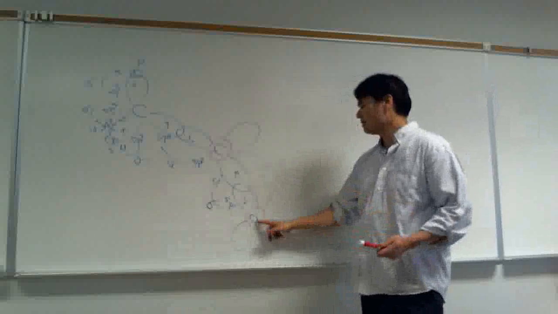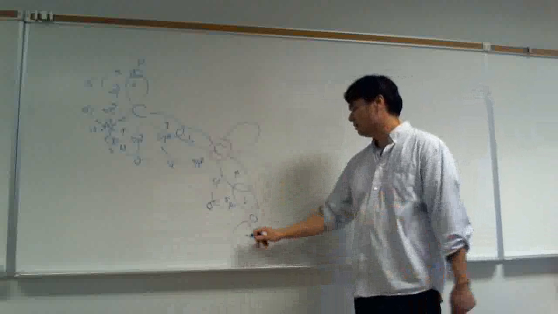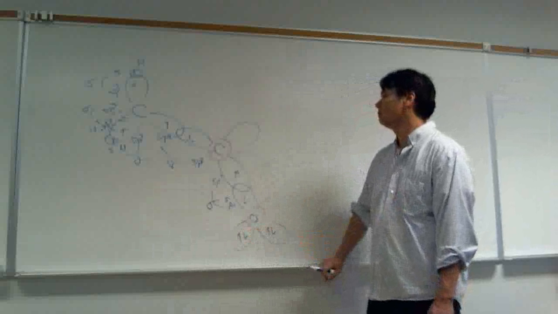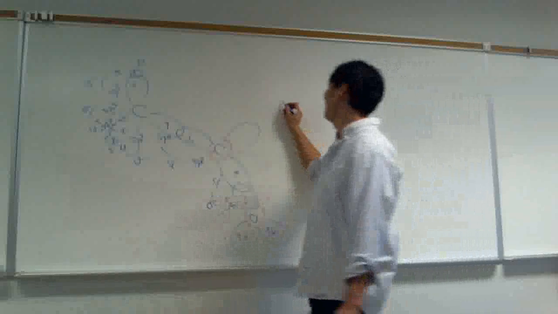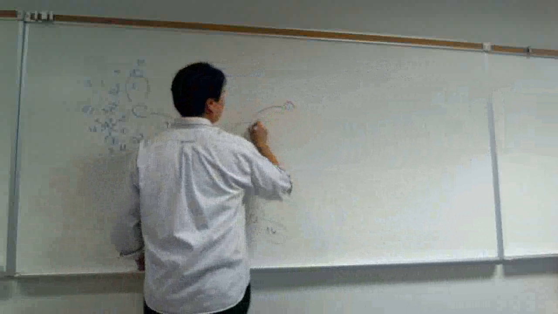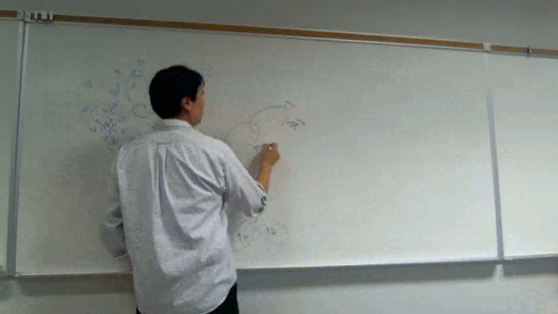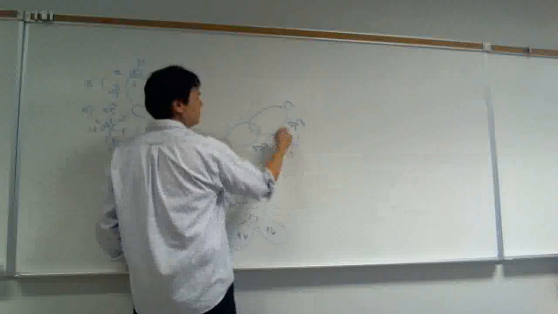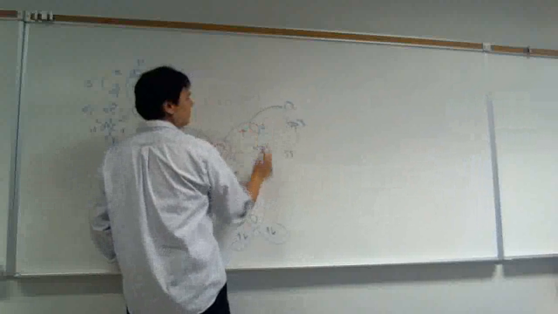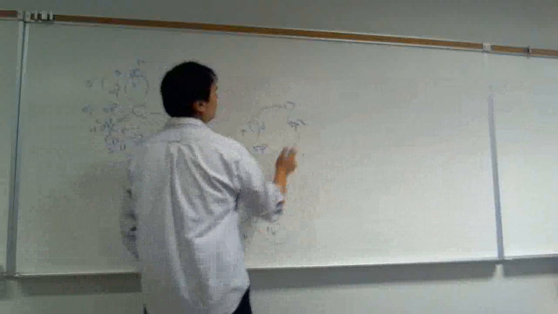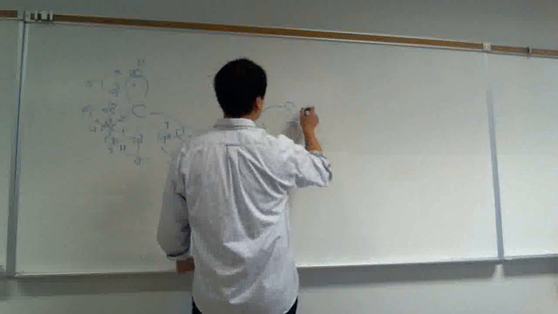And then what do I have on this oxygen down here? I have 2 lone pairs, right? And then I have an oxygen up here, which is sp3. And so I'm going to form an sp2, sp3 sigma bond. What's this oxygen bonded to? Yeah, this oxygen is bonded to a hydrogen.